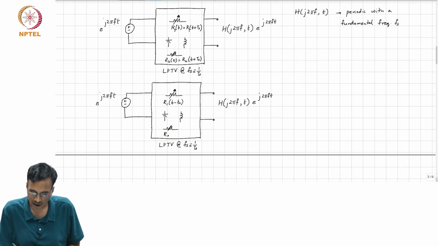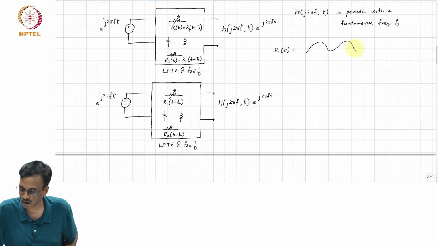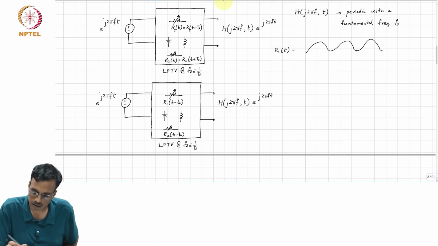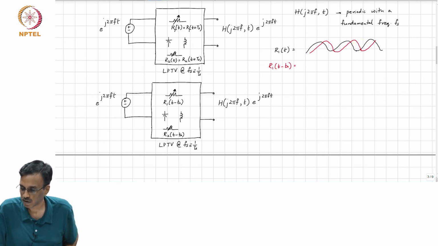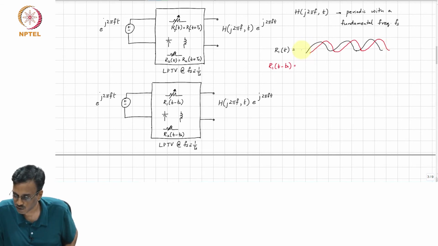Let us say R1 of t was some periodic function like this, and R1 of t minus t naught is the same periodic function delayed by t naught.